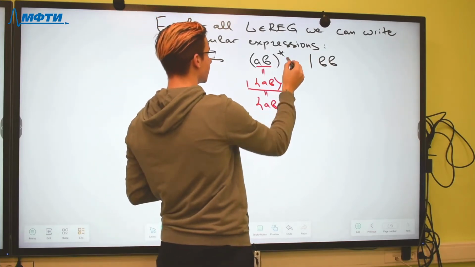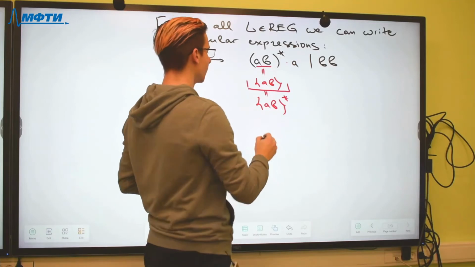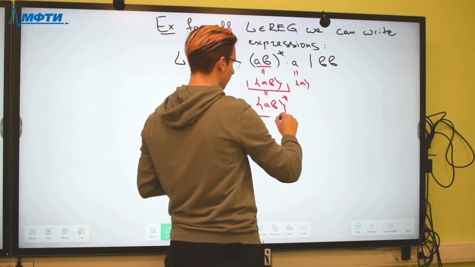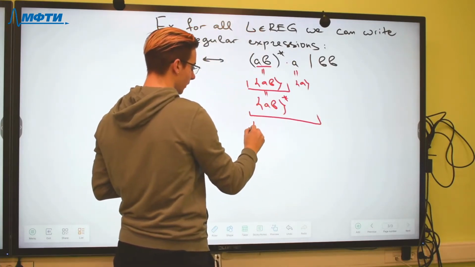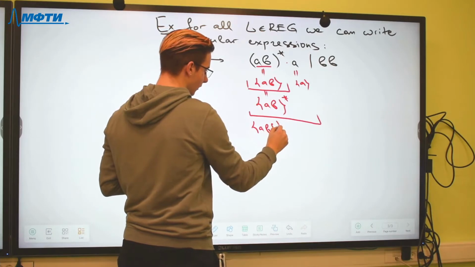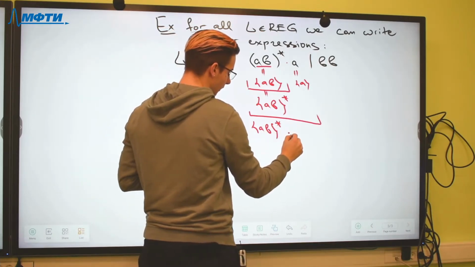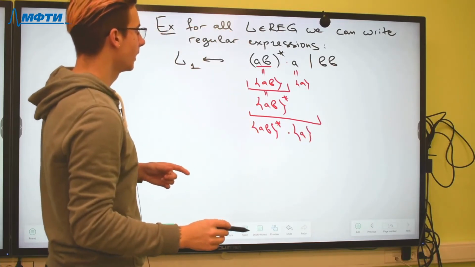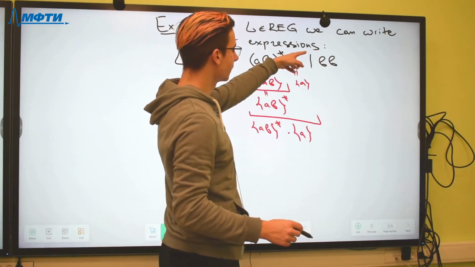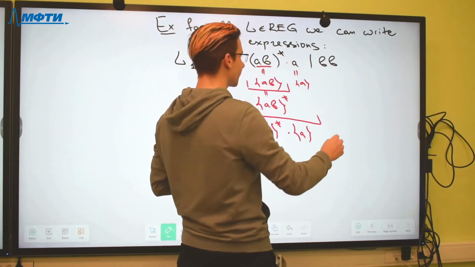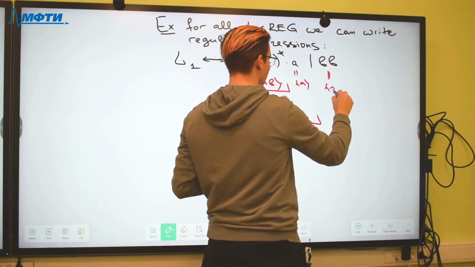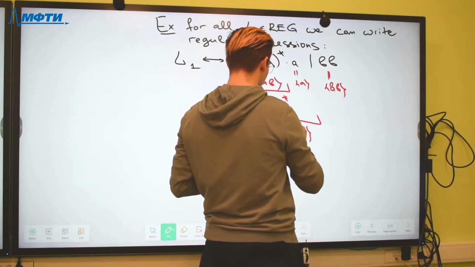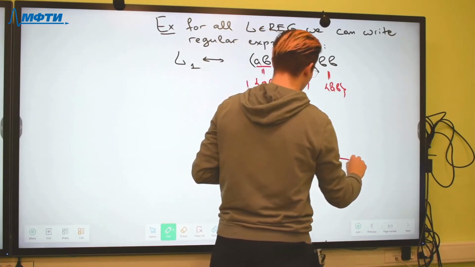Then we can concatenate this language with the word A. It is the concatenation of these two languages. And if we write this vertical line, we mean that it is the union of these two languages.